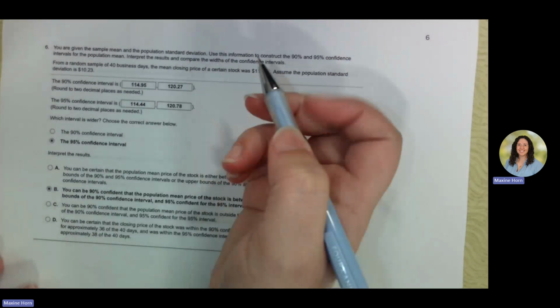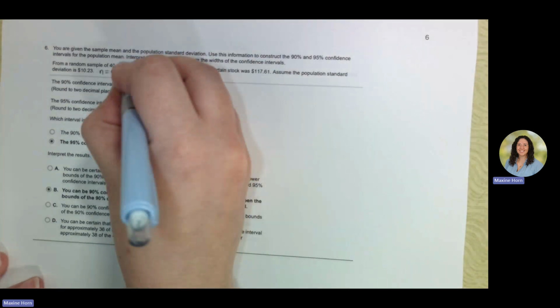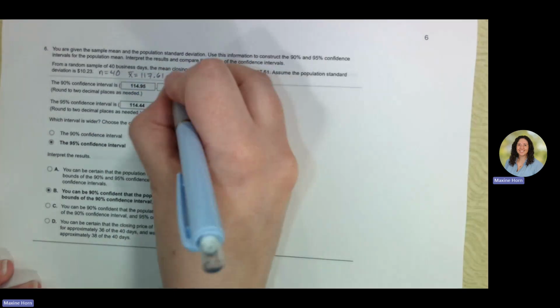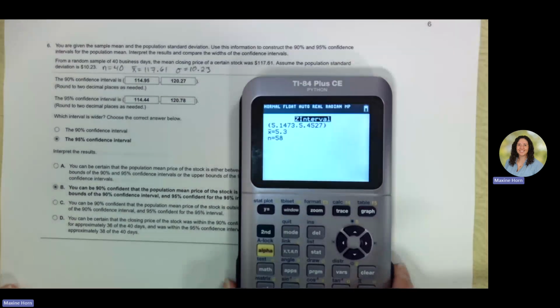For a random sample of 40 business days, N is 40, the mean closing price of a certain stock was 117.61. So that's the sample mean, right? Assume the population standard deviation is 10.23. So they want us to construct both the 90 and the 95% confidence interval. So we're going to do that on our calculator.